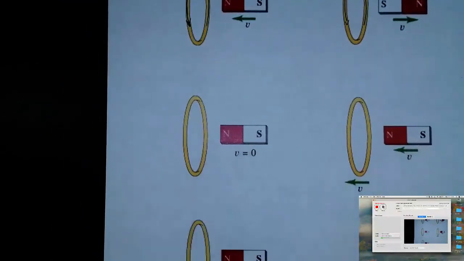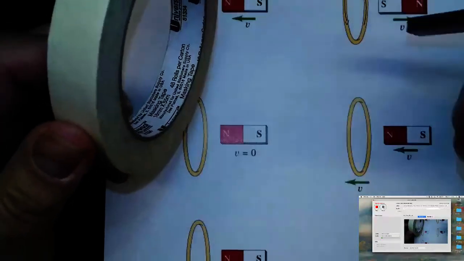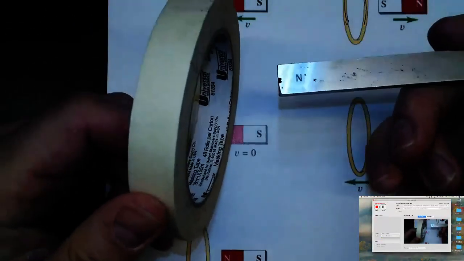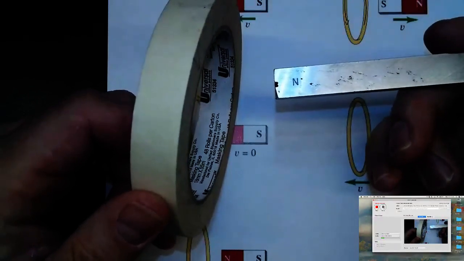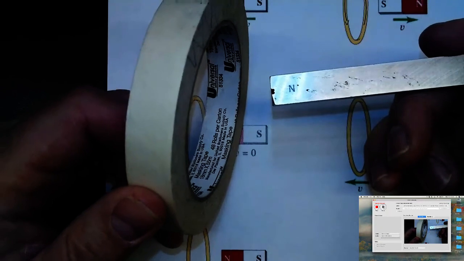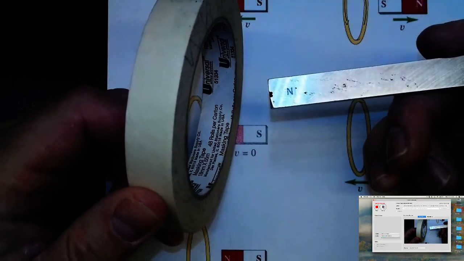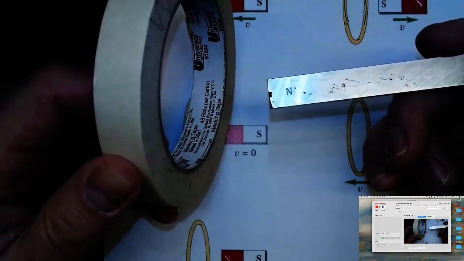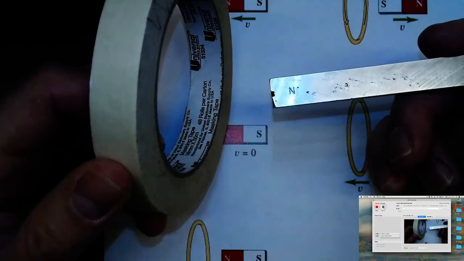Scenario number 3, the magnet is held near the ring and nothing's moving. If I have no change in that external magnetic flux, I get nothing happening here. I can't make energy for free, and so that situation has no induced current.